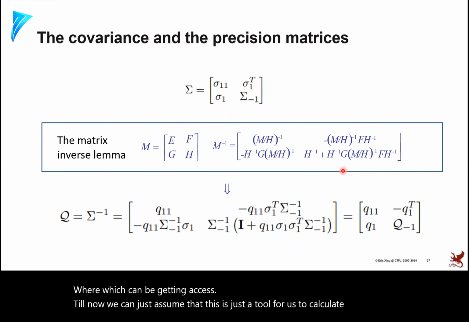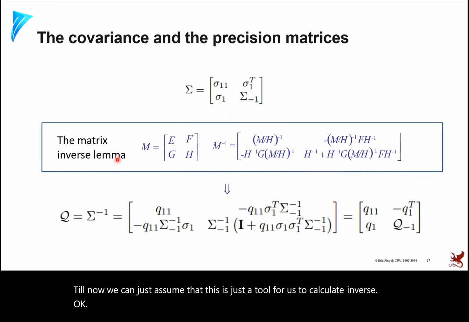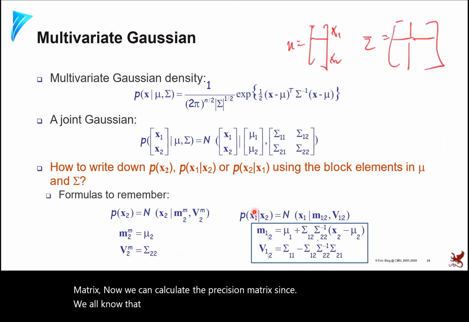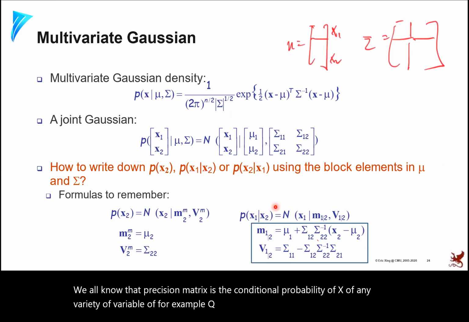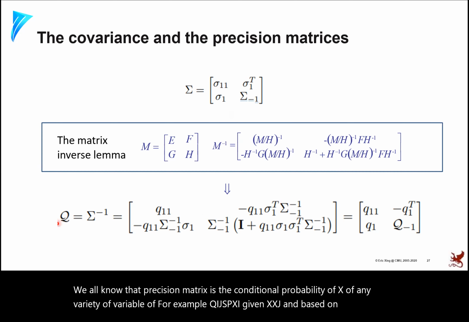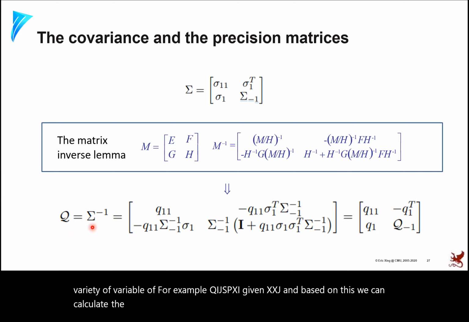Okay. So based on this matrix inverse lemma and the original sigma matrix, now we can calculate the precision matrix. Since we all know that the precision matrix Q encodes the conditional probability of any two variables, for example, Qij relates to p(xi given xj), we can calculate the Q matrix by taking the inverse of the covariance and putting it into the matrix inverse lemma.